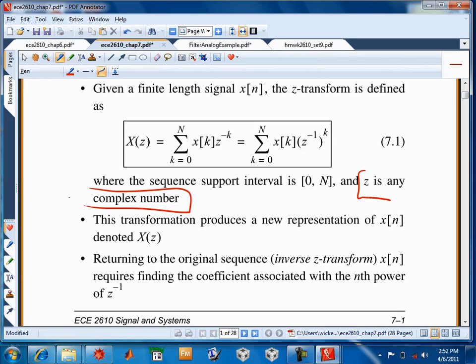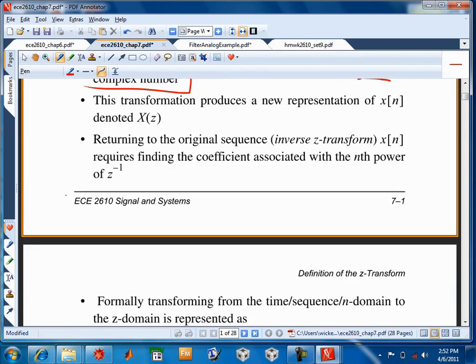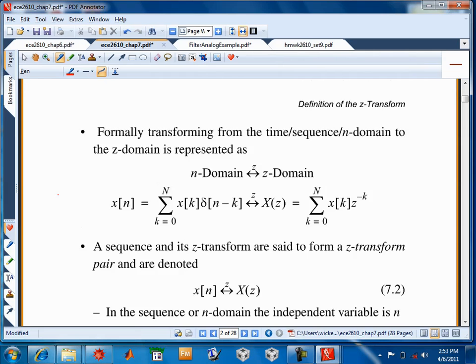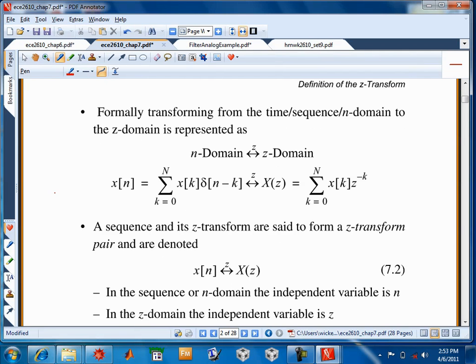If you don't see the ugliness because it's hidden behind the Z, then you're more relaxed about things. And when you want to go back to the frequency domain later on, you can just replace Z by e to the j omega hat, and then you're back to where we were with the frequency domain. So you just treat it as a constant. Yeah, as a constant or as a variable.